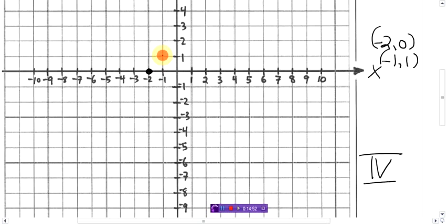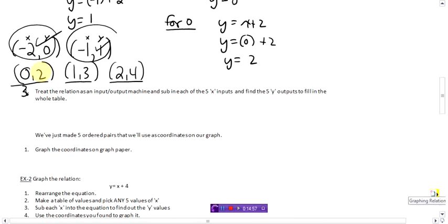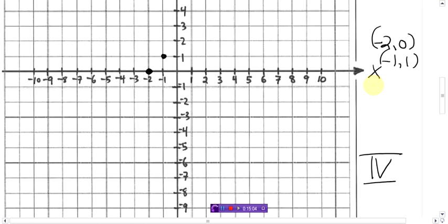So these two would meet right there. That's our second point. That one's done. Now 0, comma 2. 0 on the x, 2 on the y. 0, 2.